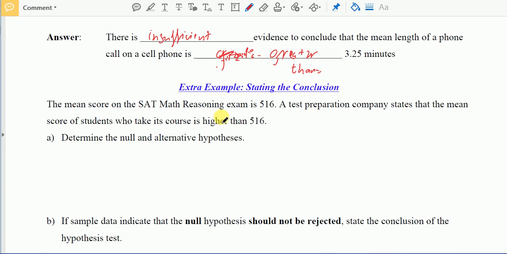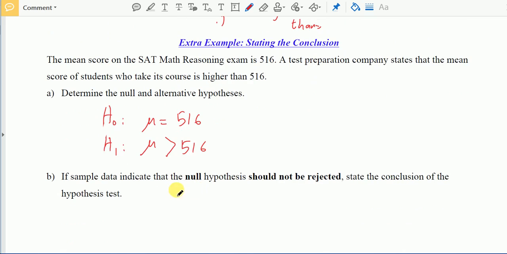From the facts, the original existing value is 516, the null hypothesis. So the null hypothesis is the mean equals 516, but the committee claims it is now higher, so the alternative hypothesis is that the mean is bigger than 516, because it's higher, right?